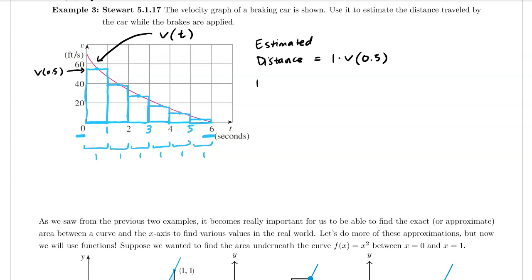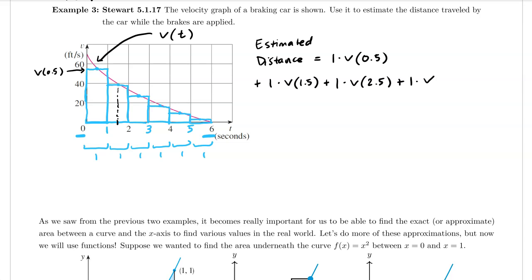And then if I wanted to add the area of the next rectangle, it also has a width or base length of 1. Then its height would be v of exactly halfway here between 1 and 2 would be v of 1.5 plus 1 times v of 2.5. Hopefully you're seeing the pattern now.